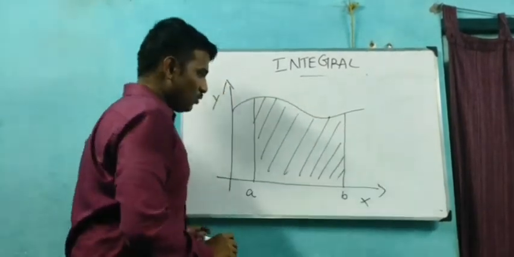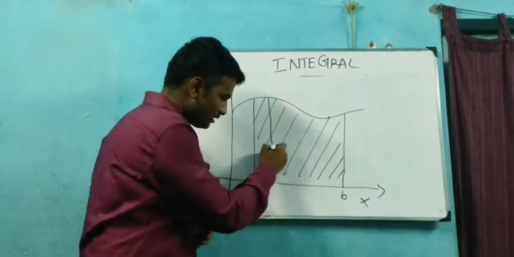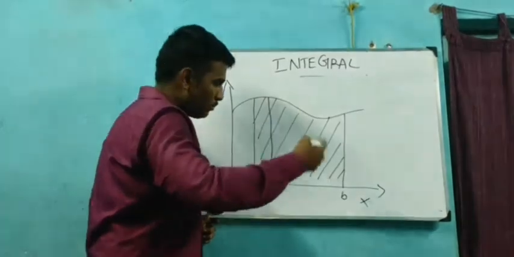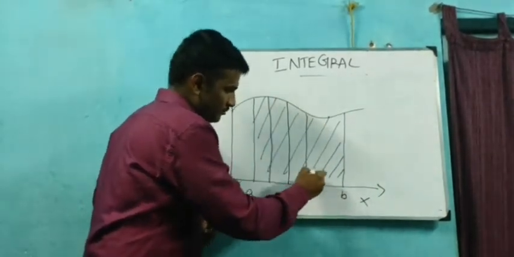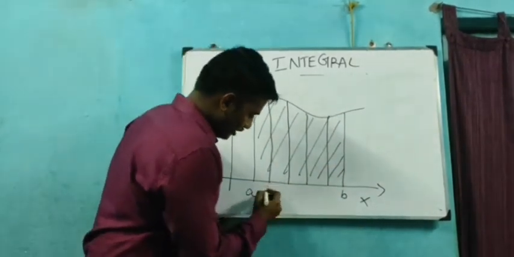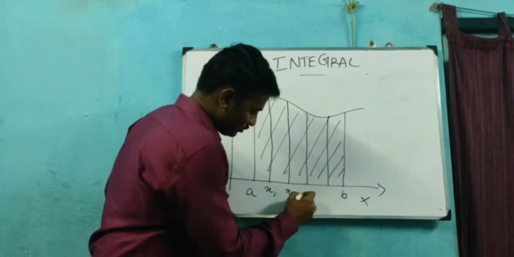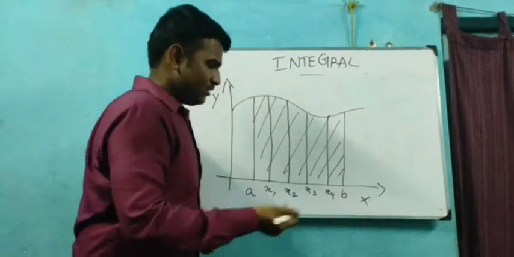We don't know the formula, so first I have to split this into some small parts. I am taking this as x1, this as x2, this as x3, this as x4, and this b as x5 or b.